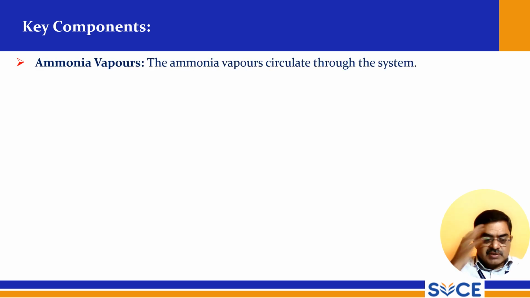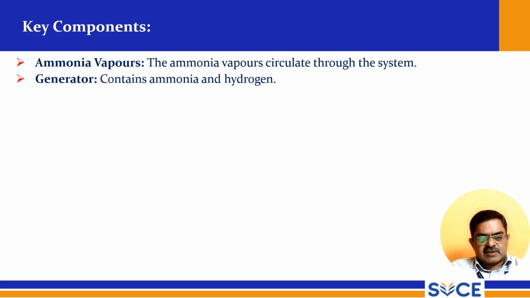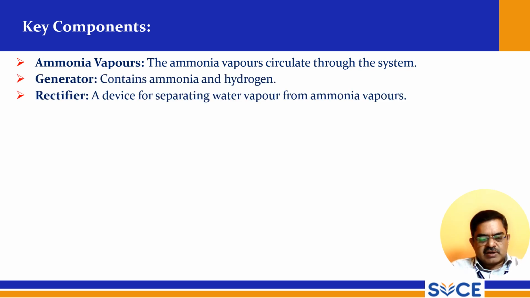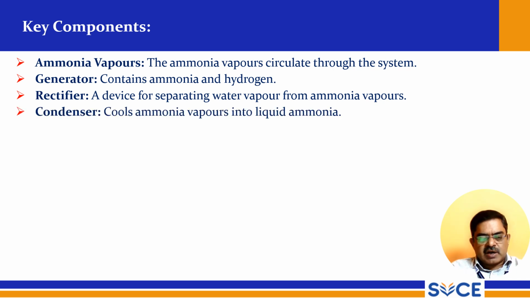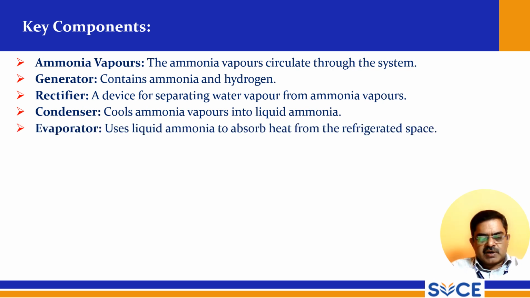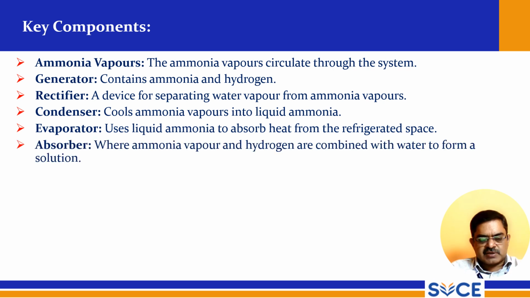So the key components here: ammonia vapors circulate through the system, and the generator contains ammonia and hydrogen. The rectifier is a device for separating water vapor from ammonia vapors, and the condenser cools ammonia vapor into liquid ammonia. The evaporator uses liquid ammonia to absorb heat from the refrigerated space.